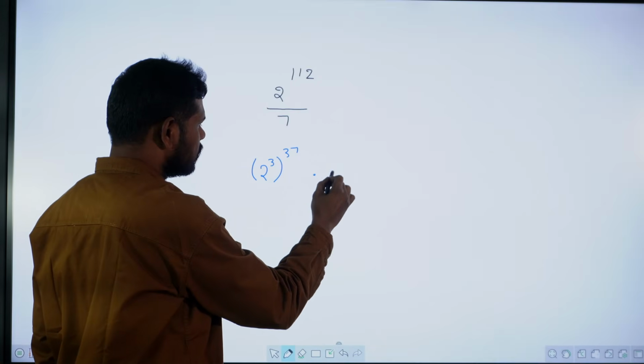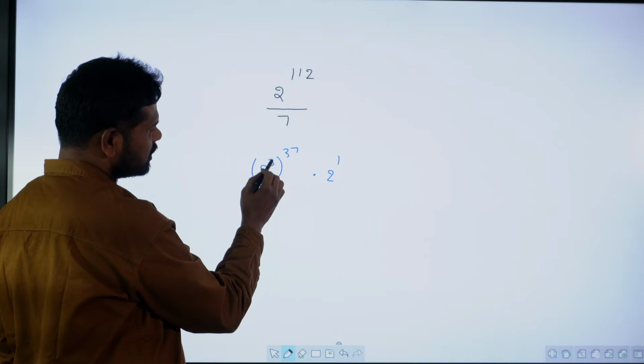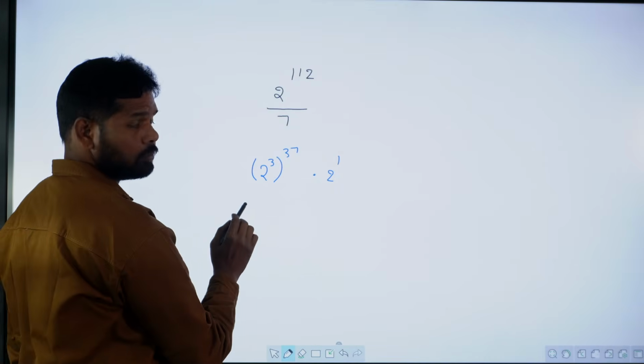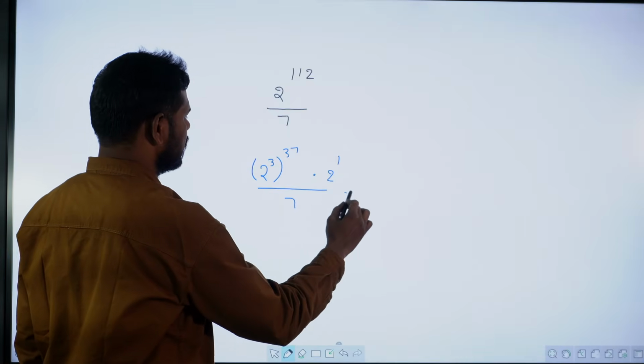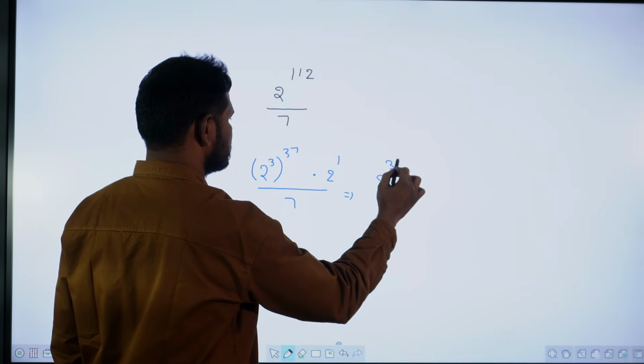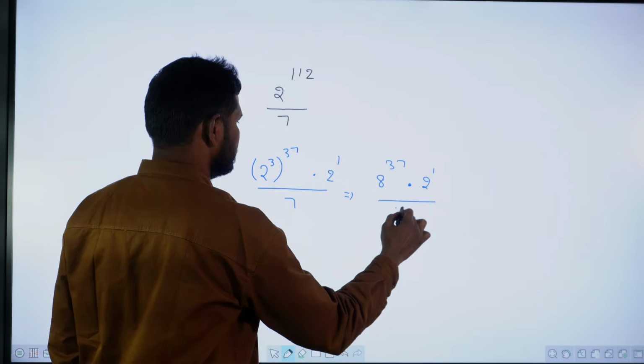I write like 2 cube whole power 37 into 2 power 1. 37 times 3 is 111, plus 1 means 112. Is divided by 7. Now I write here 8 power 37 into 2 power 1 divided by 7.